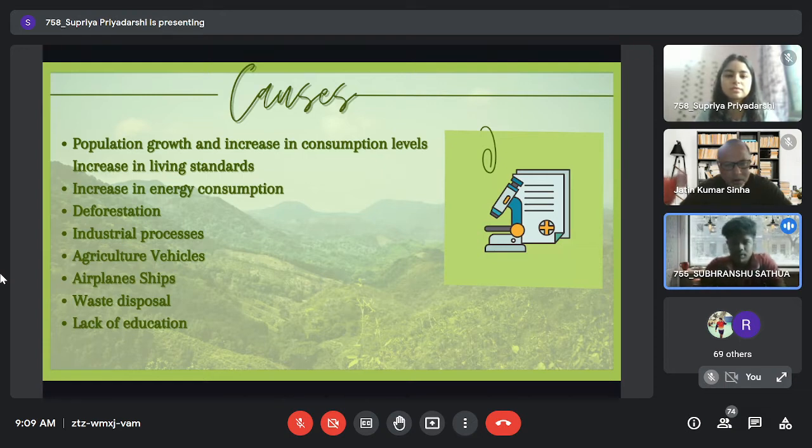More people means more demand for oil, gas, coal, and other fuels mined or drilled from below the Earth's surface that when burned spew enough carbon dioxide into the atmosphere to trap warm air inside like a greenhouse. Increase in energy consumption. Non-renewable energy or fossil fuel will increase the amount of carbon dioxide emissions.